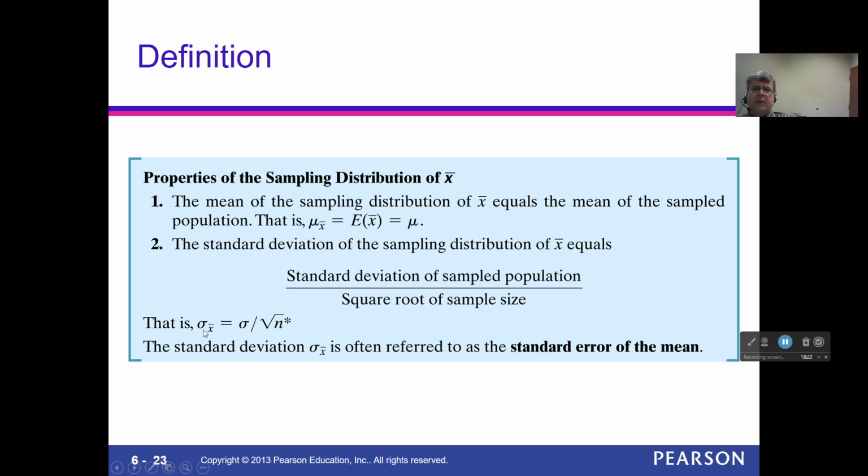So the standard deviation of the sample means, that big old population of sample means we could take, is equal to the standard deviation of the population divided by the square root of n. And n is the number of items in our sample.